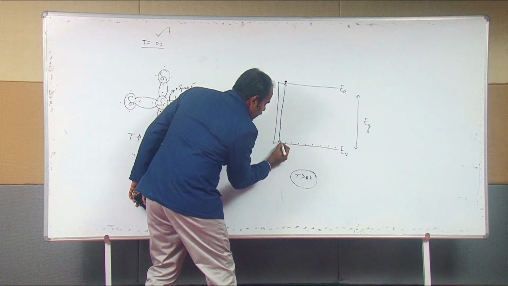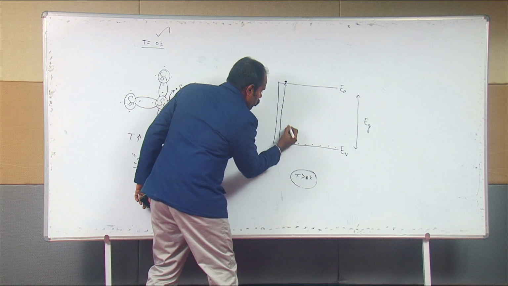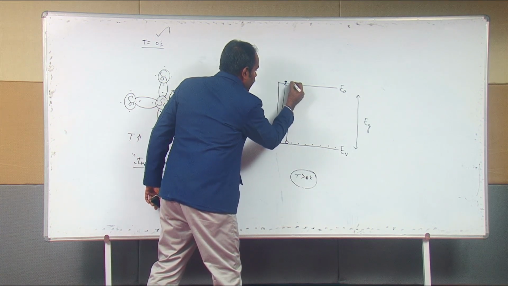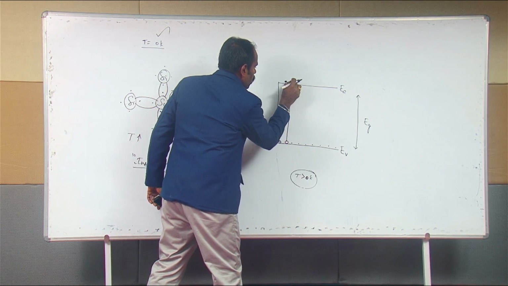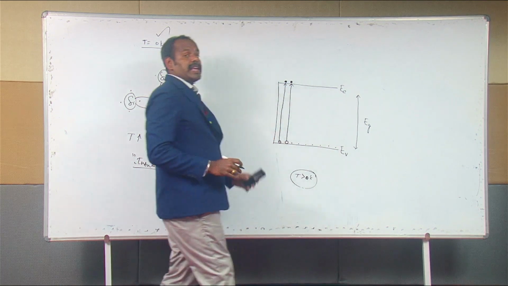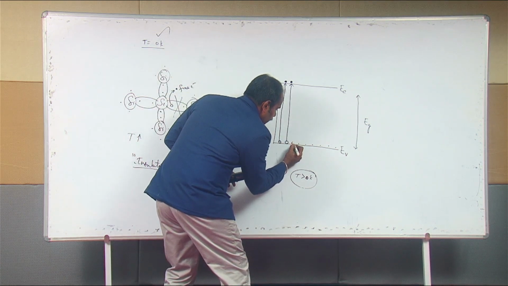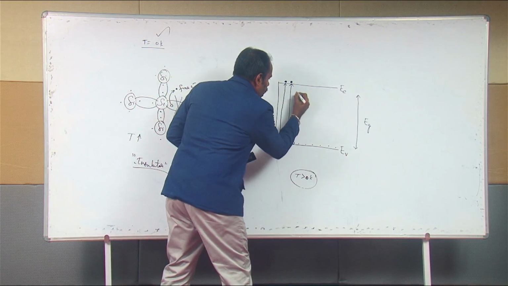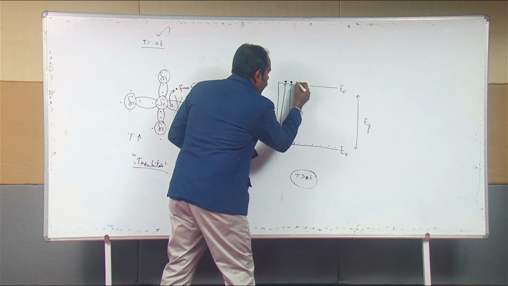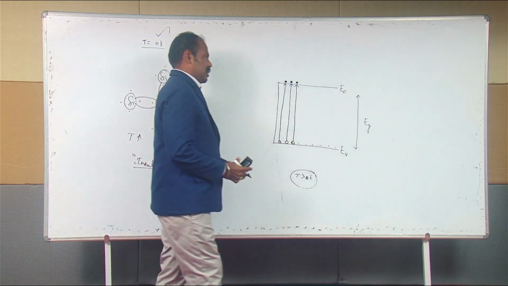A hole is created in the valence band. So if this electron gains energy and moves to the conduction band, you have an additional electron in the conduction band, and accordingly the creation of a hole in the valence band.